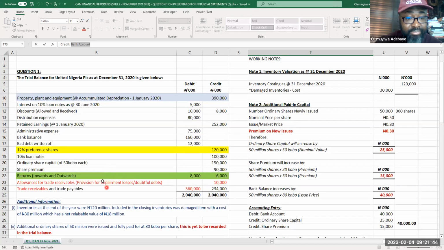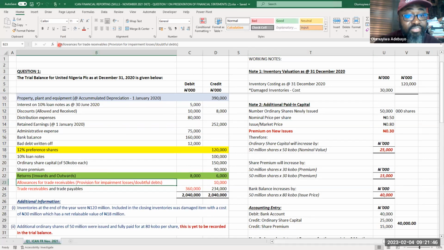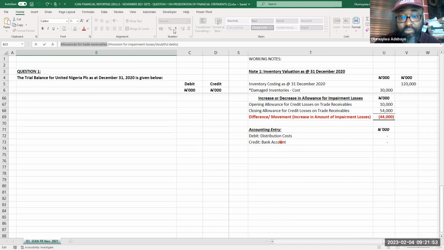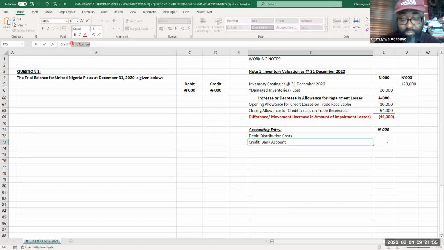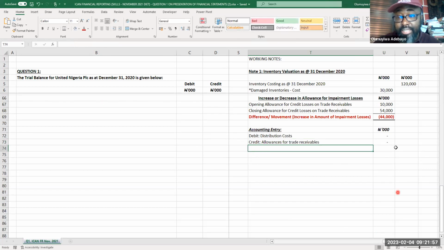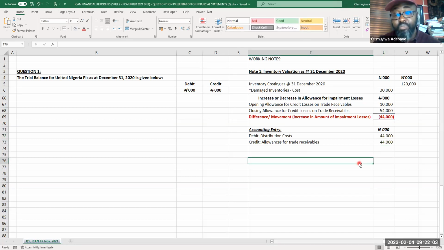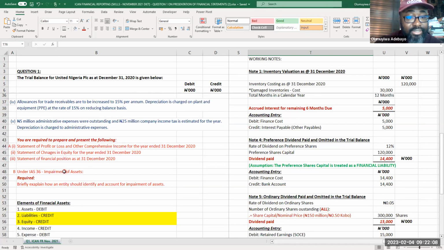Allowance for trade receivable. And how much is that? 44 million. And that is it. We are at the last session now.